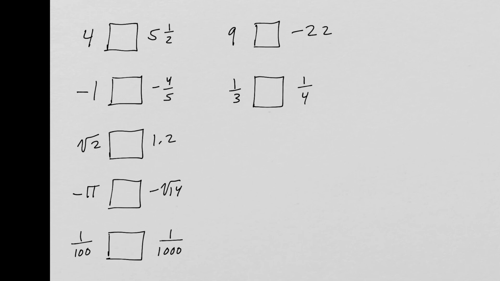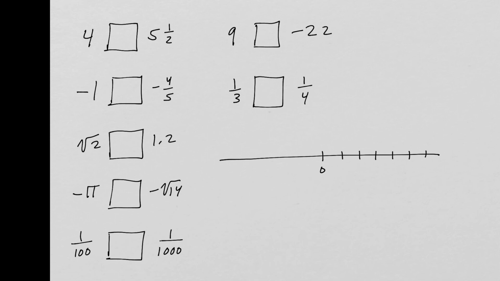Okay, so let's look at what's going on here. In the first example, I'll start over here. 4 compared to 5.5. If you look at a real number line, here's my real number line. So 1, 2, 3, 4.